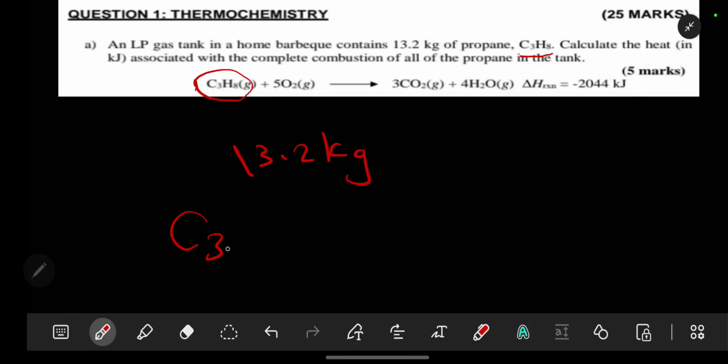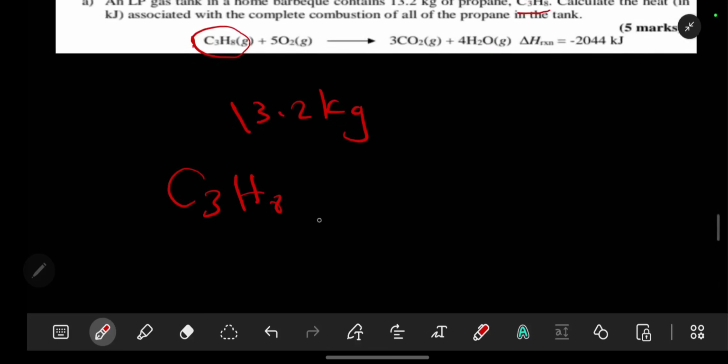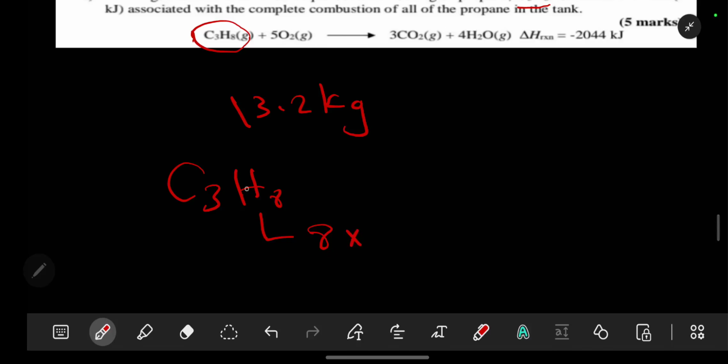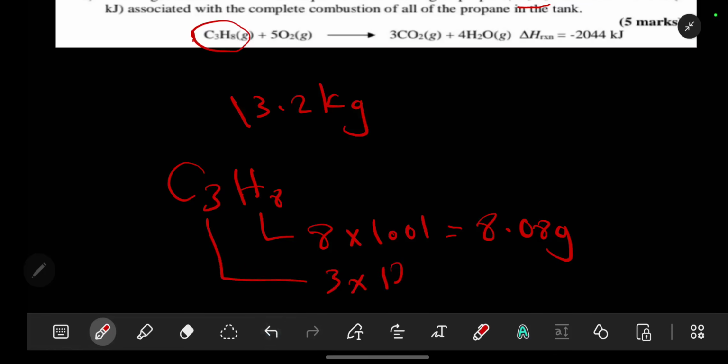So we are going to calculate the molar mass of propane. We have 8 times the molar mass of hydrogen, which is 1.01. When we multiply this, we are going to have 8.08 grams. We add 3 carbons, 3 times carbon's molar mass of 12.01, which gives a value of 36.03.